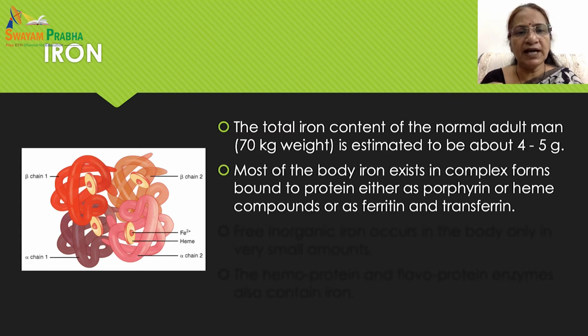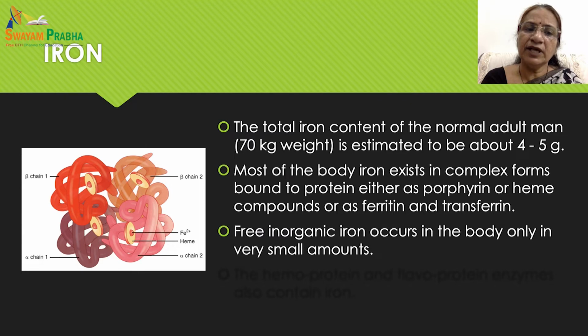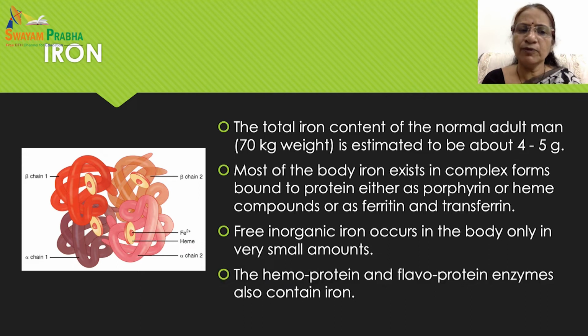Most of the body iron exists in complex forms bound to protein either as porphyrin or heme compounds or as ferritin and transferrin. Free inorganic iron occurs in the body only in very small amounts. The hemoprotein and flavoprotein enzymes also contain iron.